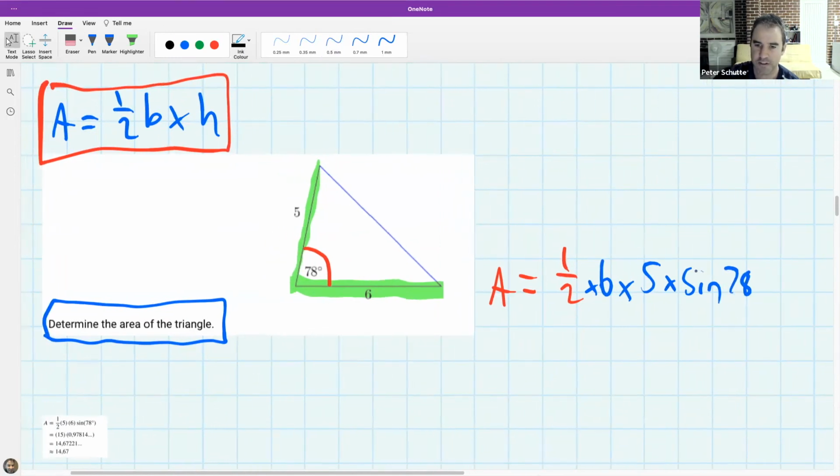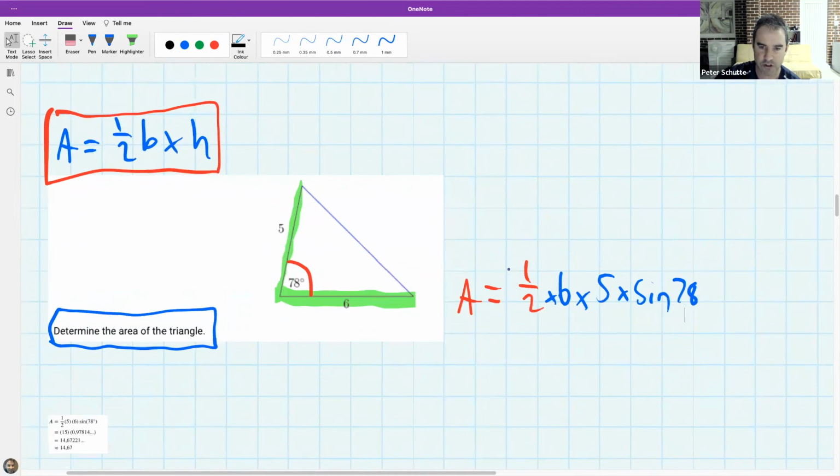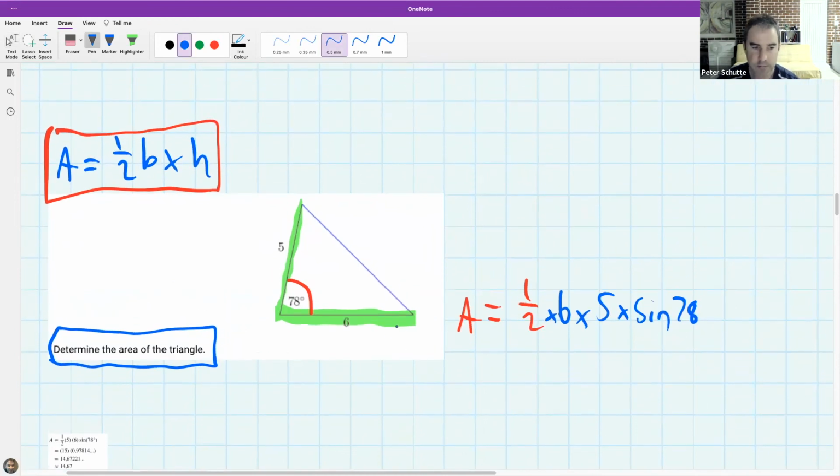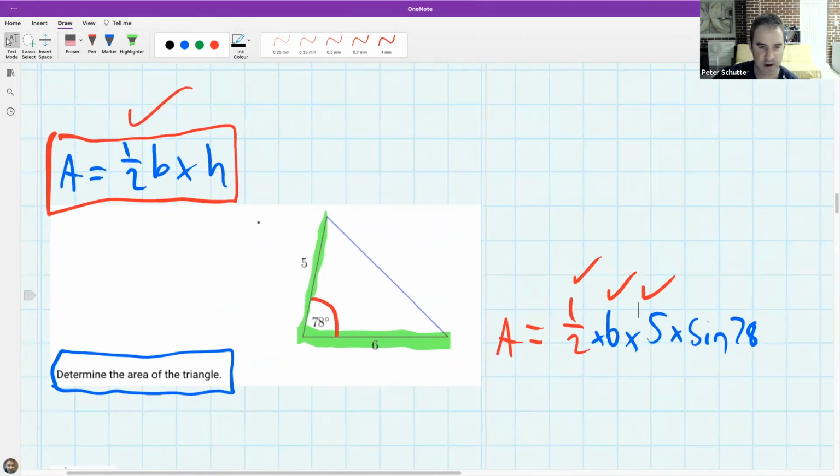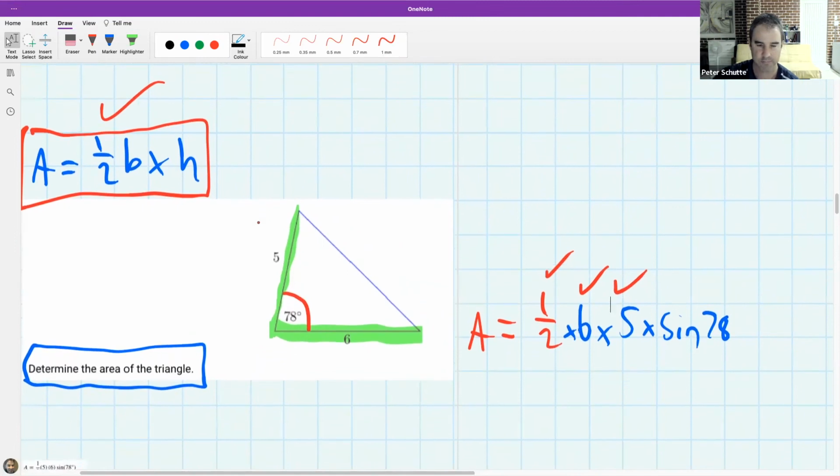So to find the area of a triangle where you don't have the height but you do have the length of two sides, you times by half, just like before, then times by the two sides that you have, and then times by the sine of the angle in between those two. To finish tonight's lesson, can you work out what the area of this triangle is going to be?